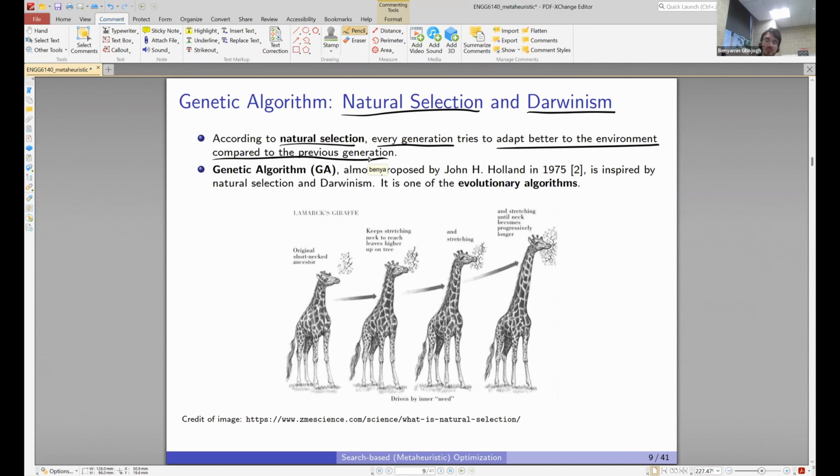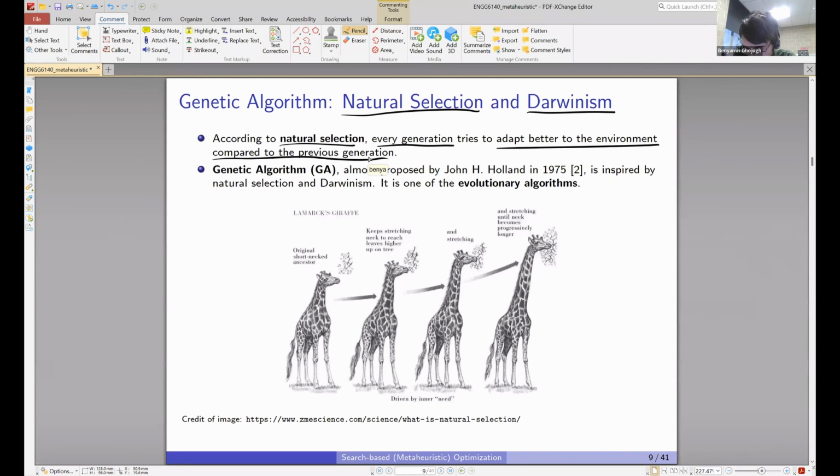The ones which lose this competition and can't adapt well enough to the environment will be removed from the cycle of generations gradually. And this is a matter of millions of years. It's not happening very fast. It's very slow.